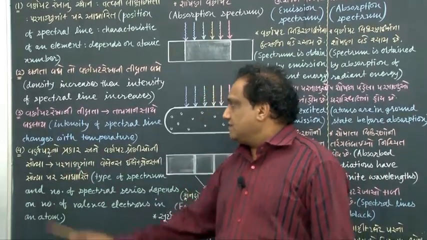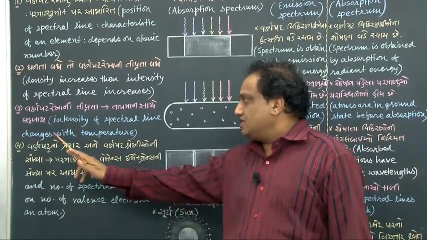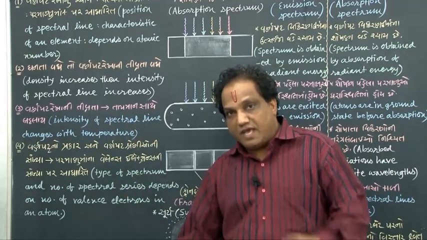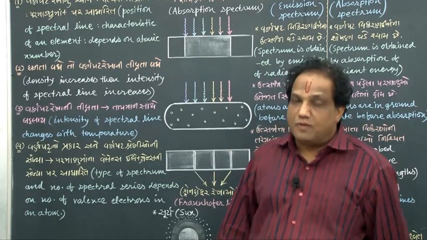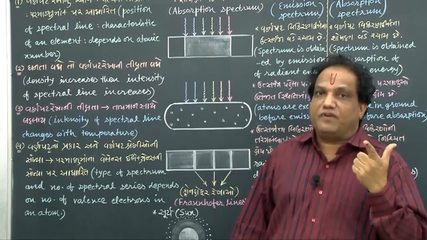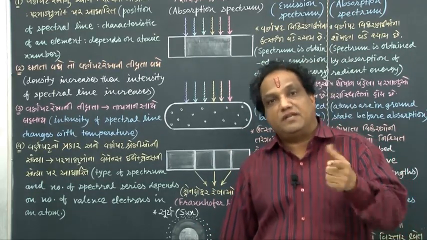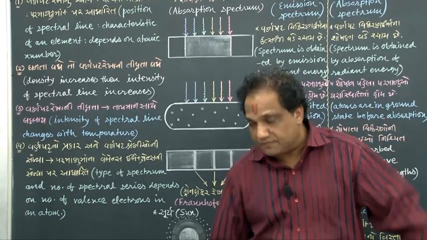The third point is this: intensity of a spectral line changes with temperature. As you keep different temperatures of the gas filled in the discharge tube, the value of intensity in the spectral line also gets changed.